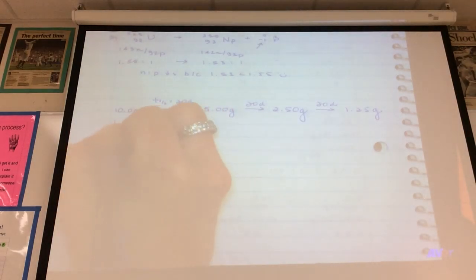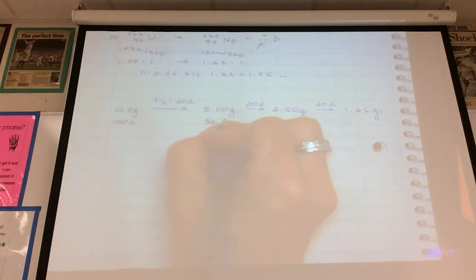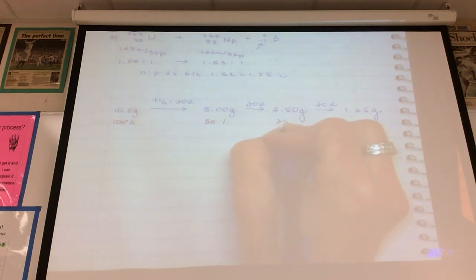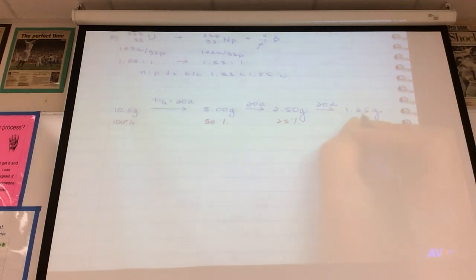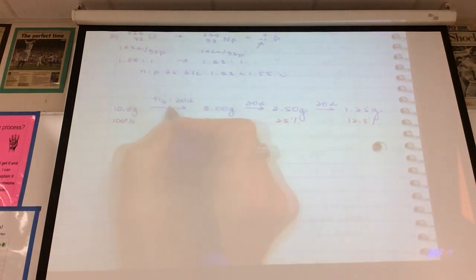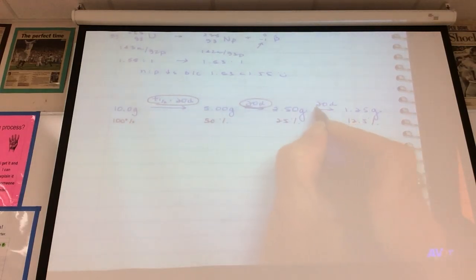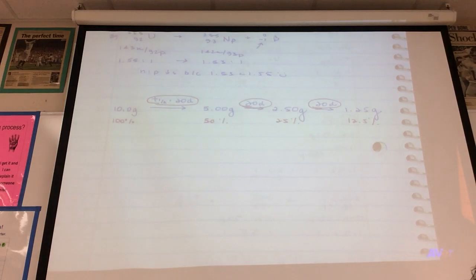So here's where I'm starting with 100%, cut it in half is 50%, cut that in half is 25%, cut that in half is 12.5%. This has undergone 1, 2, 3 half-lives.